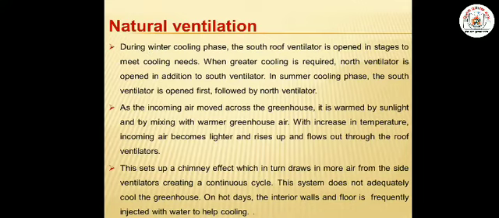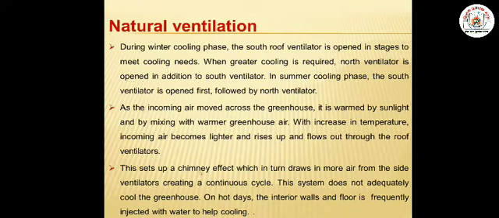As the incoming air moves across the greenhouse, it is warmed by the sunlight and by mixing with warmer greenhouse air. With increase in temperature, the incoming air becomes lighter in weight due to the decrease in density. It rises up and flows out through the roof ventilators.